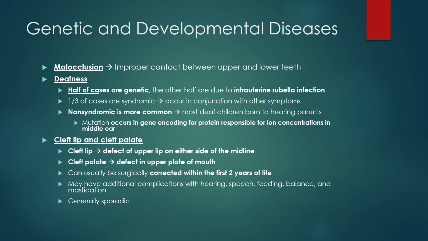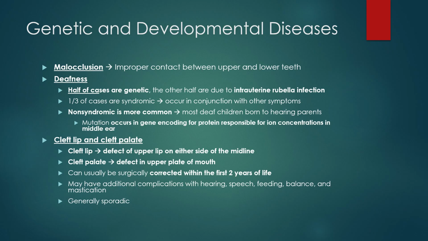Approximately one third of genetic deafness is syndromic, meaning it occurs alongside other abnormalities such as craniofacial defects, renal disease, or skeletal anomalies. However, the most common form is non-syndromic deafness. This is why most children born with hearing loss are actually born to hearing parents.